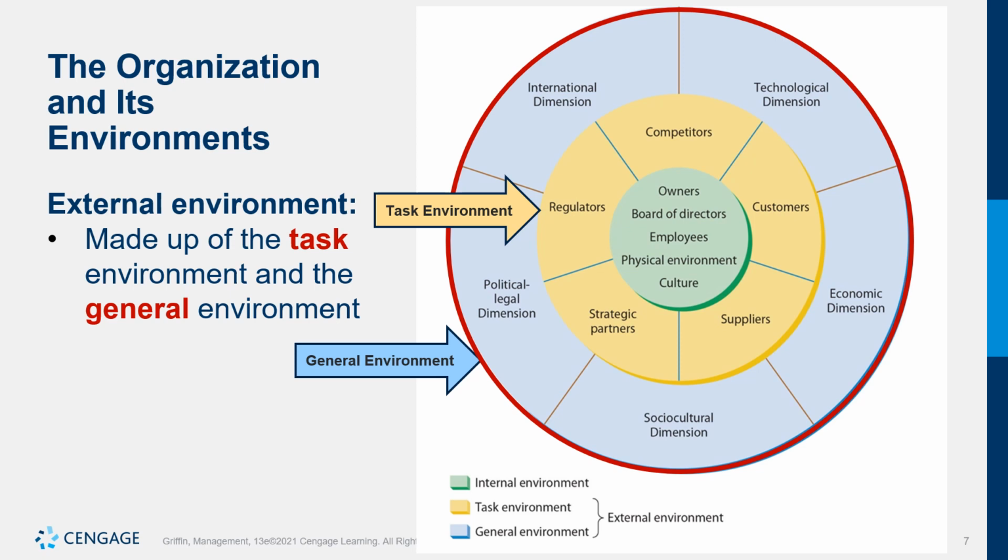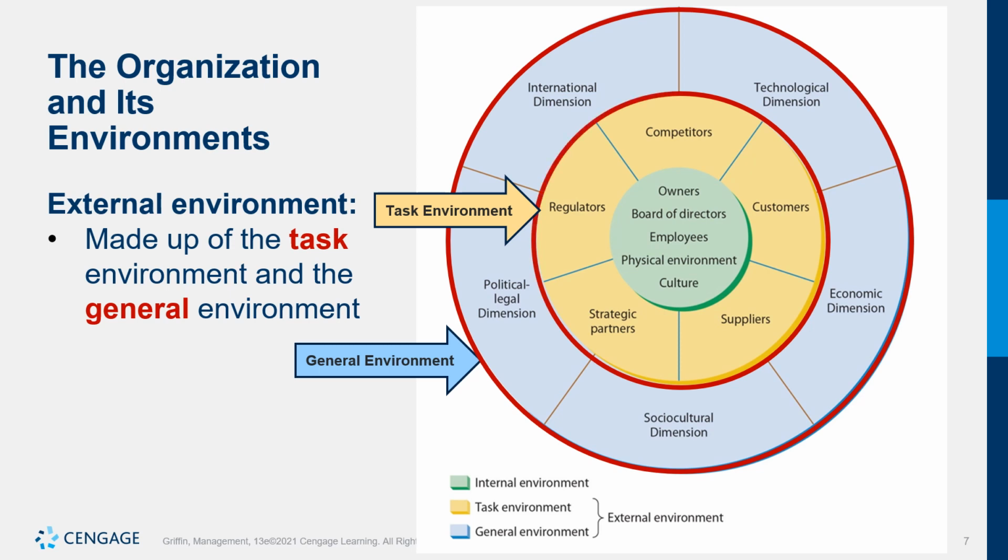This includes the technological, economic, socio-cultural, political, and international dimensions. The task environment includes specific external organizations or groups that influence an organization. This includes the customers, suppliers, strategic partners, regulators, as well as competitors.